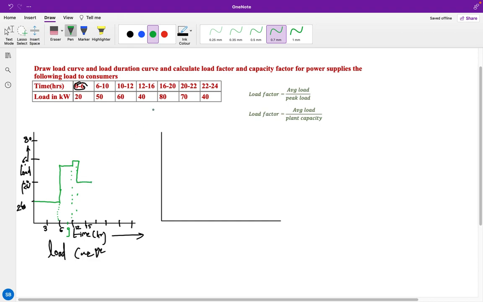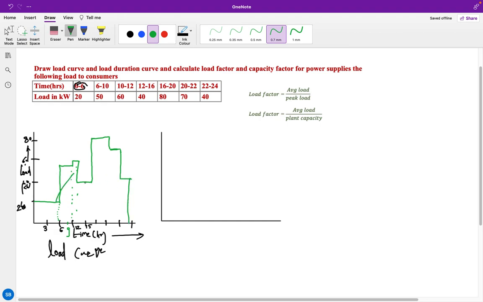Then 16 to 20, 80 kilowatt, the maximum load consumed by the customer, for 4 hours. After that 20 to 22, it reduces to 70 kilowatt for 2 hours. Then 22 to 24, 40 kilowatt of load is required. That's how you can draw the load curve.